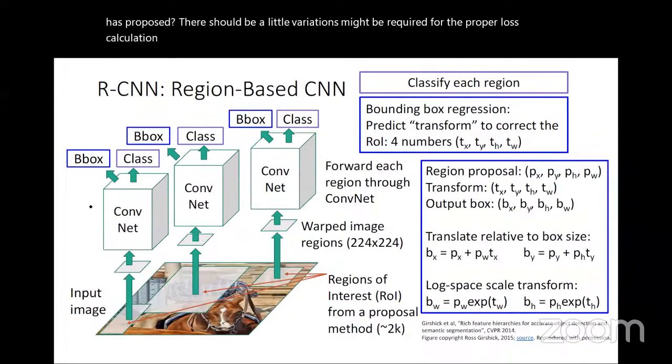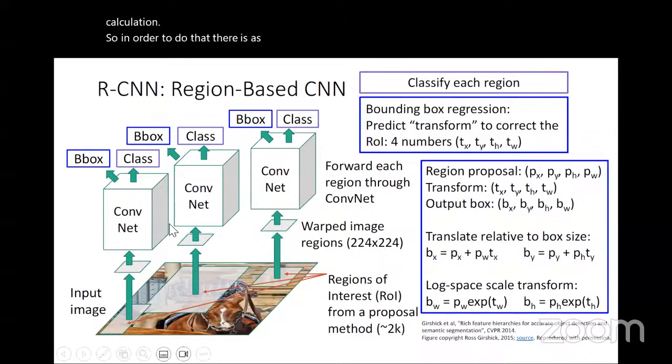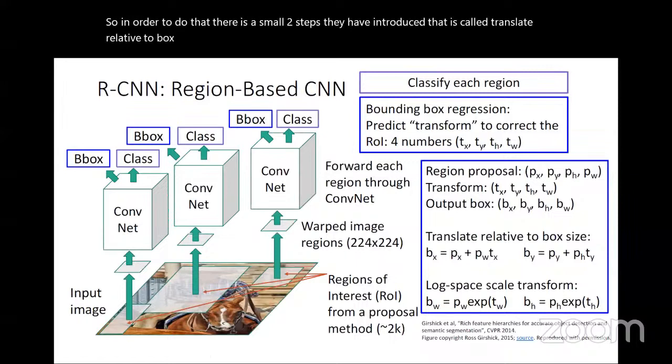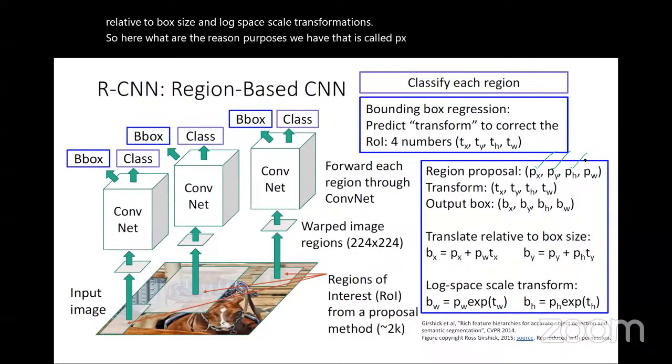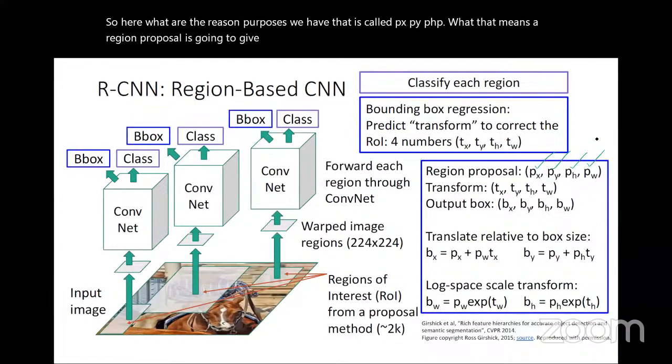So in order to do that, they introduced two steps: translate relative to box size, and log-space scale transformations. Here the region proposals are PX, PY, PH, PW. That means a region proposal gives you 4 values: height, width, and its coordinates.